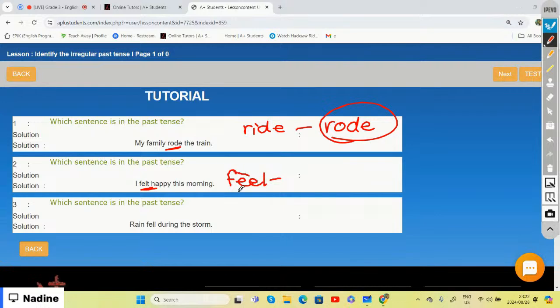And feel is our present tense, and in the past, we would say it is felt. So felt is our correct irregular past tense. And then if we look at the next one, right?